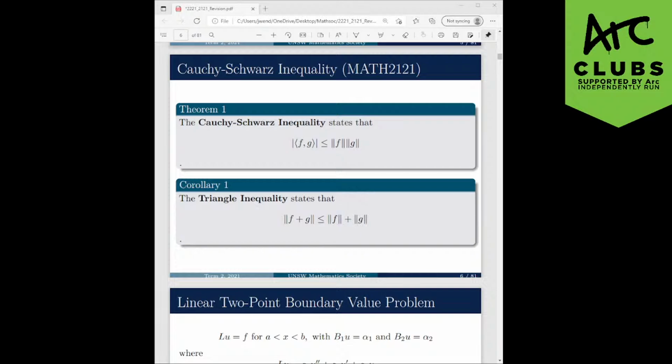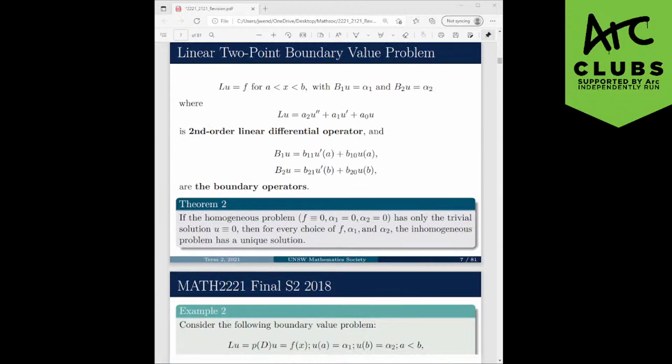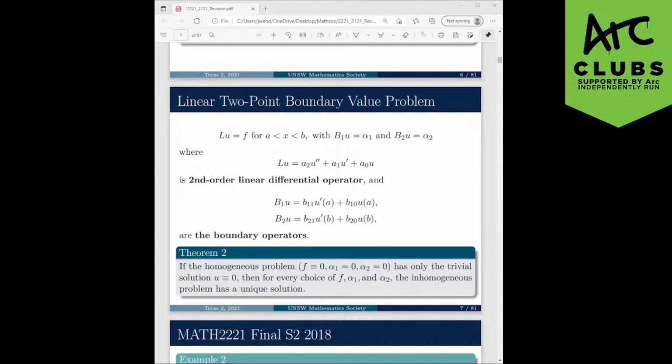So, two inequalities, let that sink into your brain, and we jump into the meaty part, the boundary value problems. We start off with the definition: Lu = F for a ≤ x < b, with B1u = alpha 1 and B2u = alpha 2. The L here is the second order linear differential operator, operating on u.